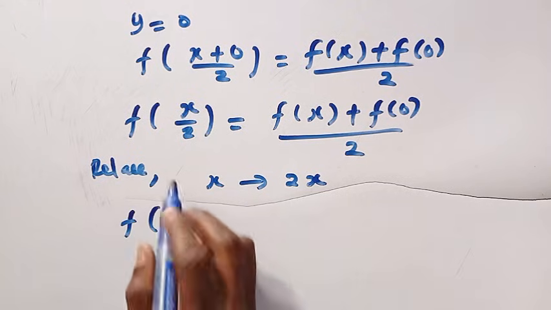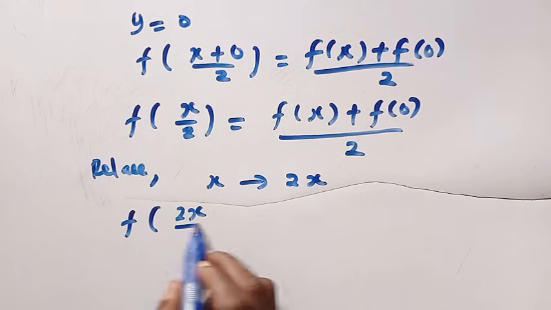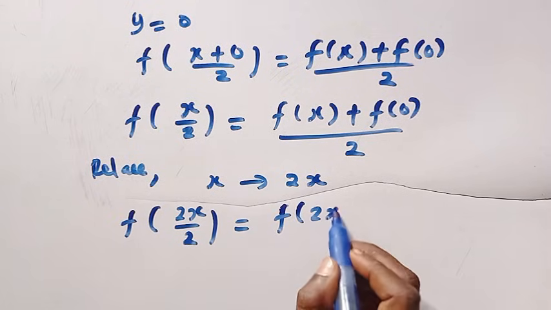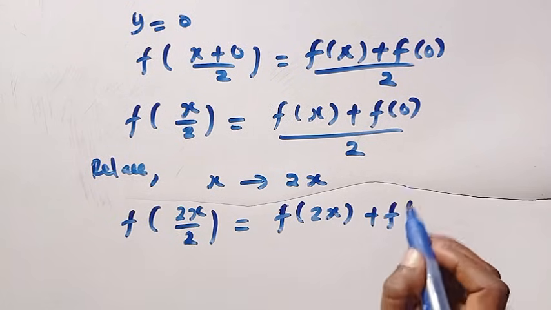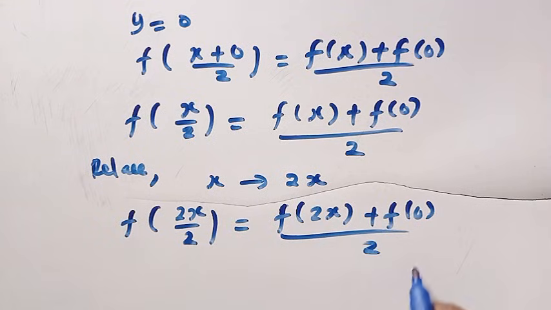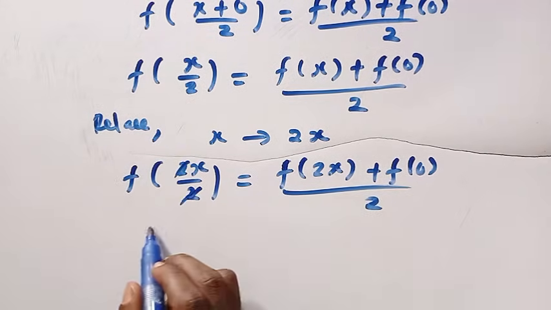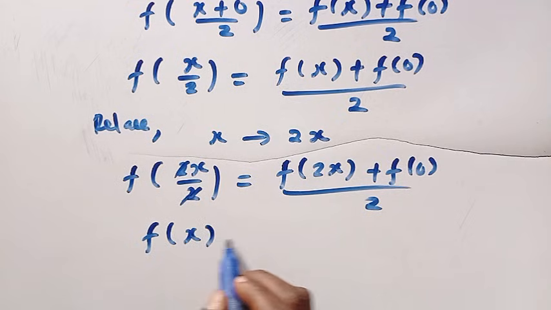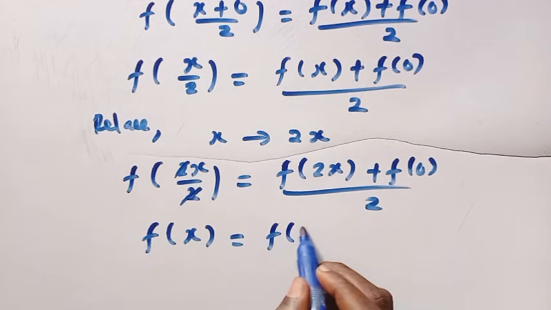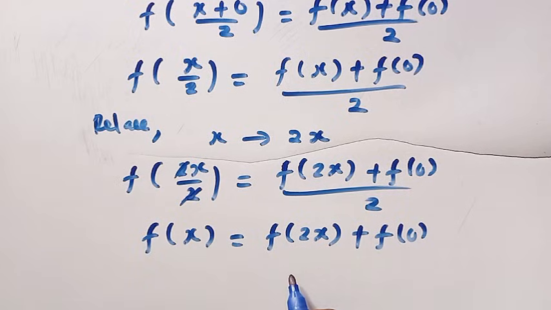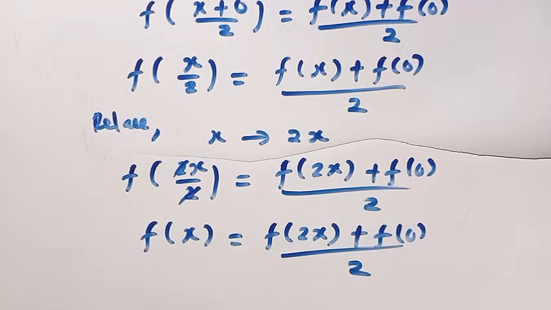This gives us f of 2x over 2 equals f of 2x plus f of 0, divided by 2. Here 2 cancels 2, and f of x equals f of 2x plus f of 0, divided by 2.